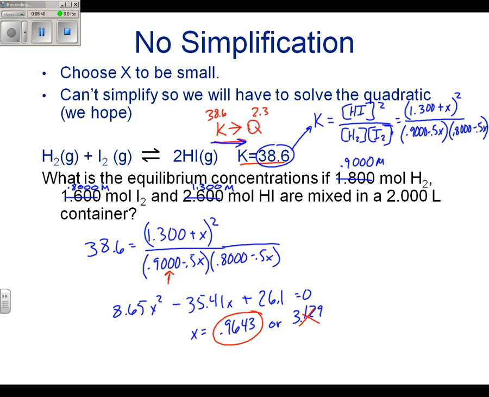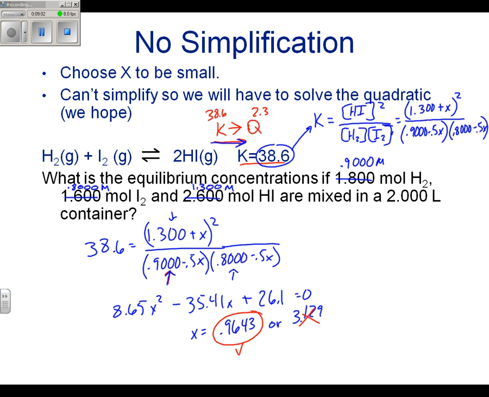This is one that will actually work, so that is going to be my x. And then I can plug x in to each of these concentrations up here, here for HI, here for H2, here for I2. And I can find those concentrations there at the end.